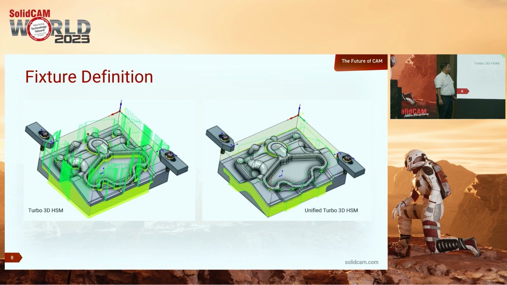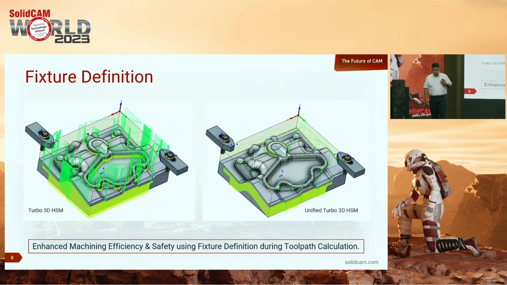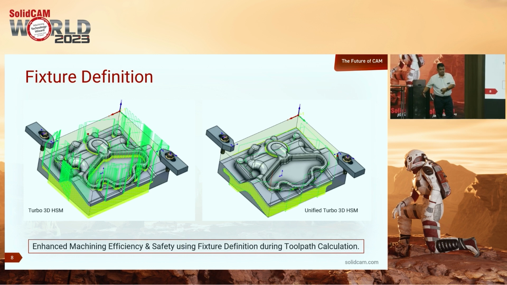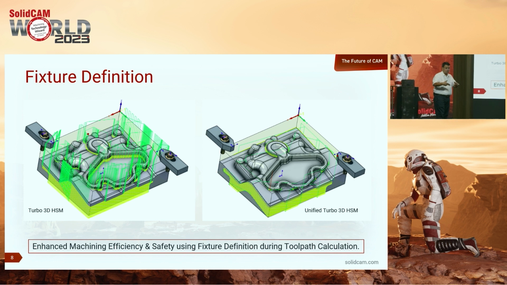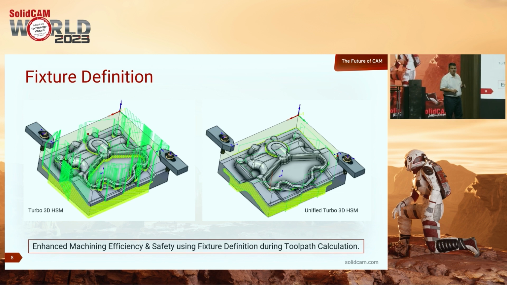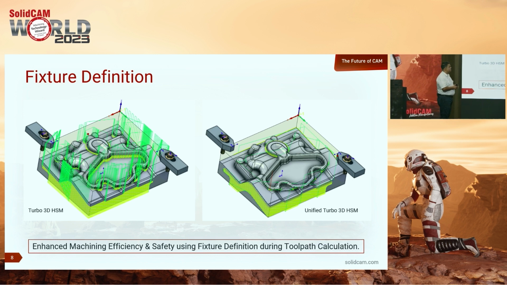Fixture definition works exactly like the holder used to. The fixture definition was always applied towards the end. It used to just trim the toolpath and then just link it. But that's not how it works in Unified. In Unified, it is considered to be a part of the geometry.